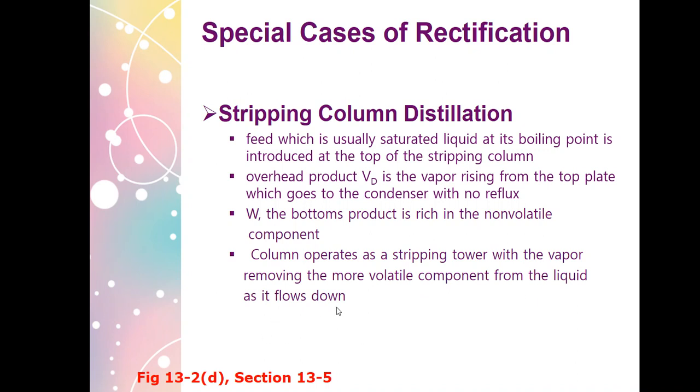The liquid that is introduced on top of the stripping section is being stripped off. Just like the term stripping, it's being stripped off the component by the vapor that goes up. So the volatile component is being carried by the vapor that goes up the stripping column distillation. So read on this section of your handbook for more info on this.